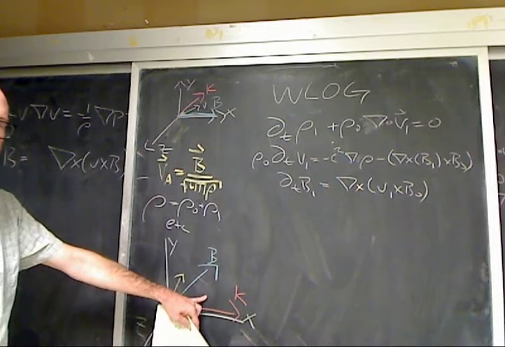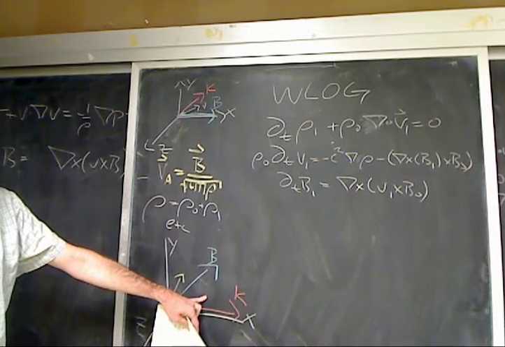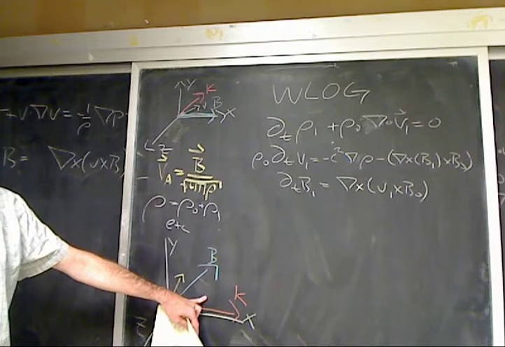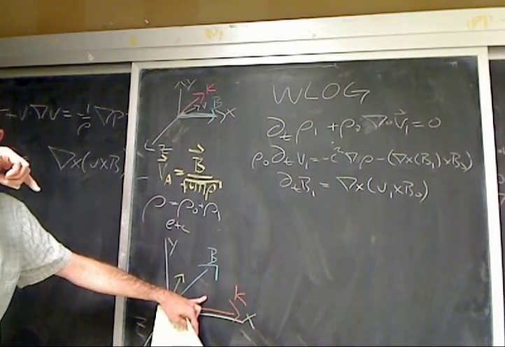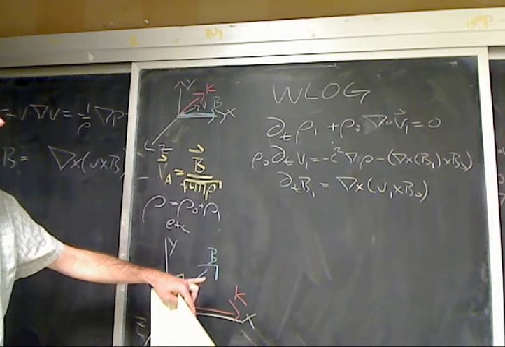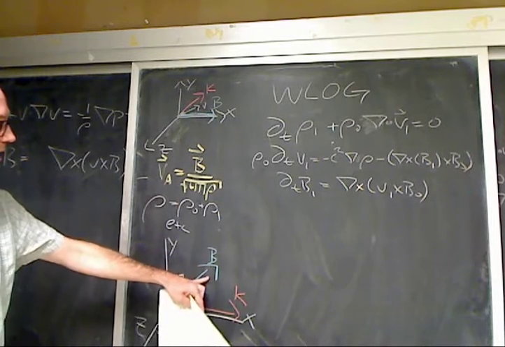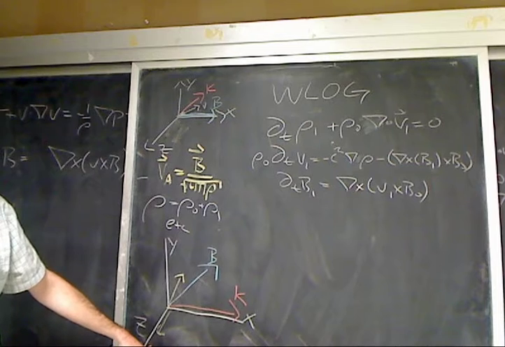And now k is along x. The reason I do that is now all my derivatives are x derivatives, because the other k's went away. So now I only have derivatives along x. And b does not have a z component. This will matter in a second.